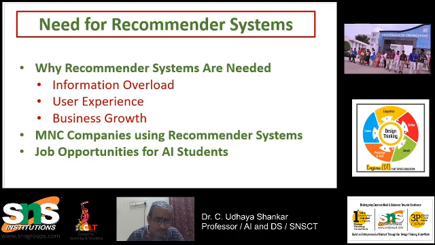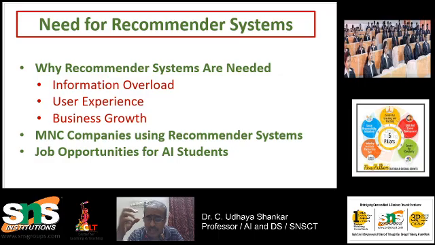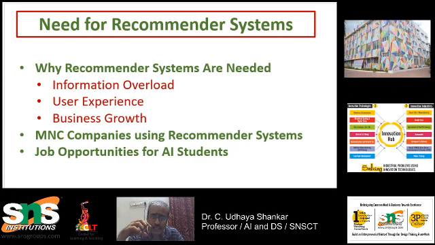Why? Because the information is overloaded. The more information is available, we have to segregate the information which is needed for our project or for our future updates. This is facilitated by the recommender system.